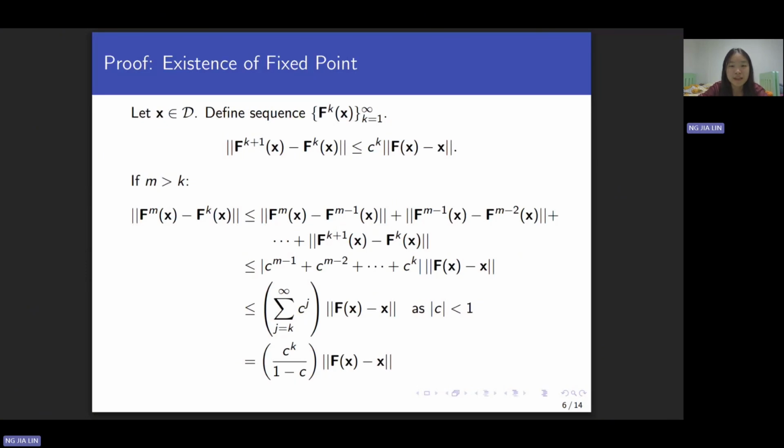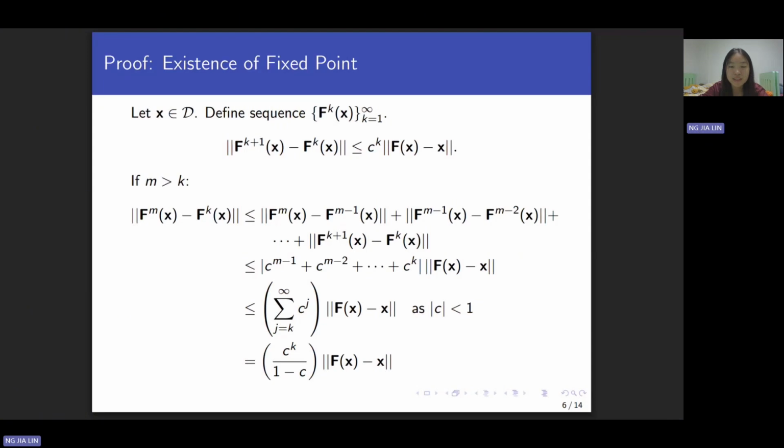Then we take out the constant, which is c^(m-1) plus c^(m-2) plus until c^k. This is larger than or equal to the upper one that we have separated. Next, c^(m-1) plus c^(m-2) until c^k, we can write as a summation of c^j, and this is a geometric series.